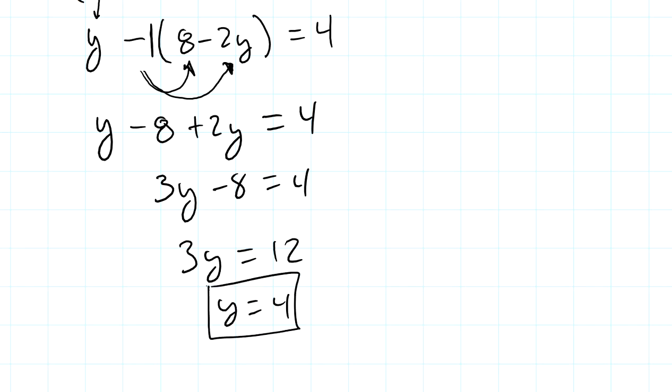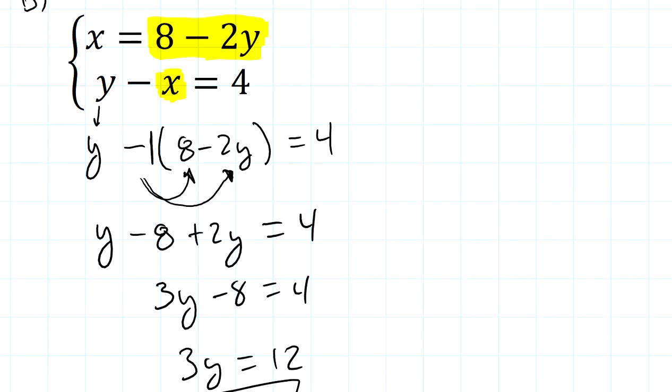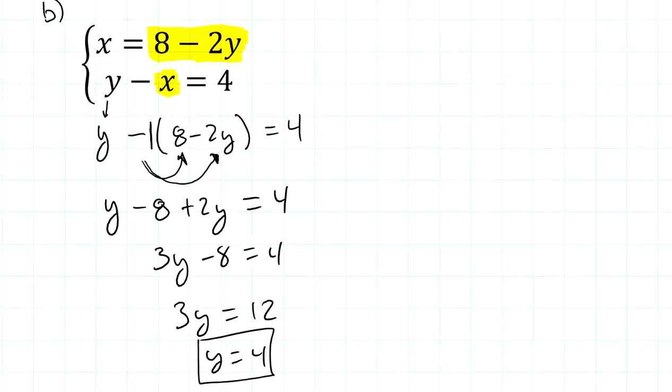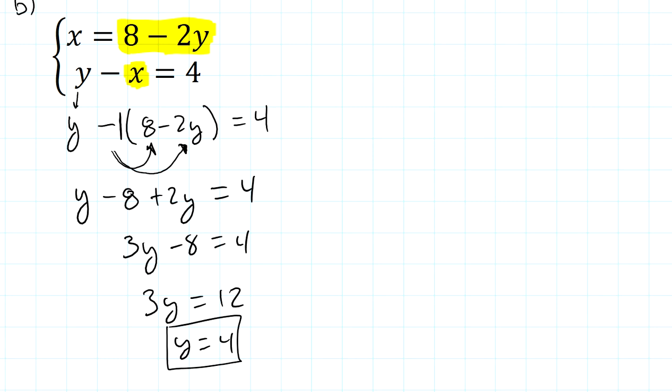So I believe that y is 4, and let's go ahead and plug that in and figure out what x is. The top equation is a great way to find x. It just says, hey, in order to get x, what you do is take 8 and you subtract twice y. Well, we just found y was 4. And this becomes 8 minus 8, so x is 0.